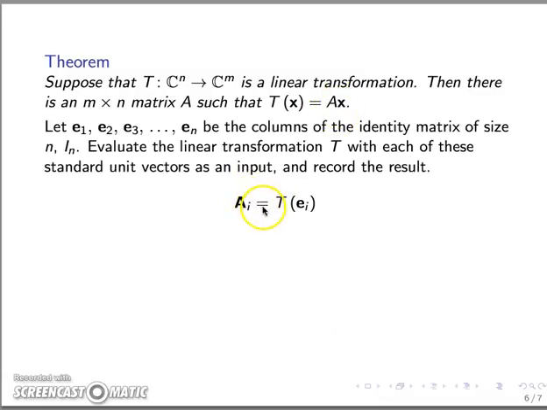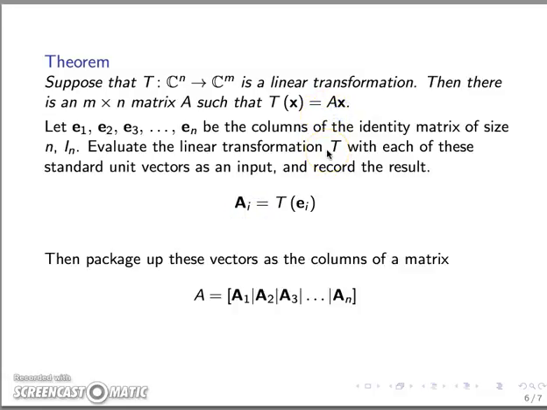That's exactly how we construct that matrix: take the transformation, evaluate it at the columns of the identity matrix, and that gives you a column vector of the matrix. We put all those columns together, and that's how we define such a matrix.